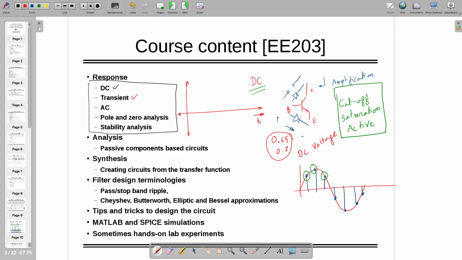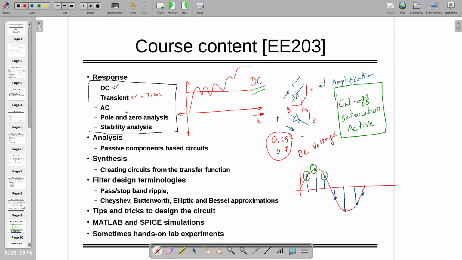It may be DC, it may be like this, anything which is with respect to time we are going to call transient. All the simulators call this kind of analysis transient. They don't call it time response or time analysis. I'm talking about simulators.